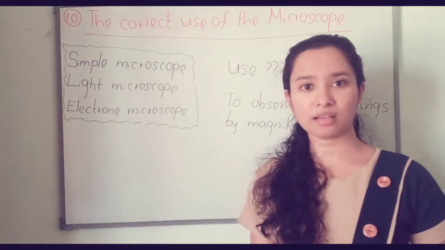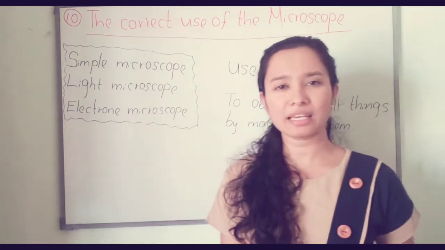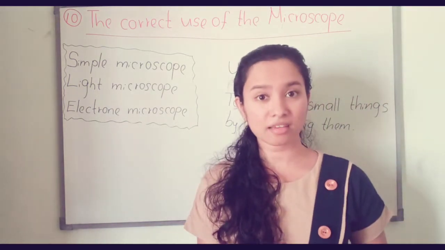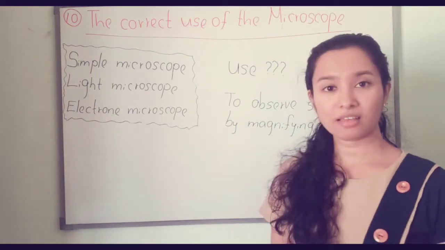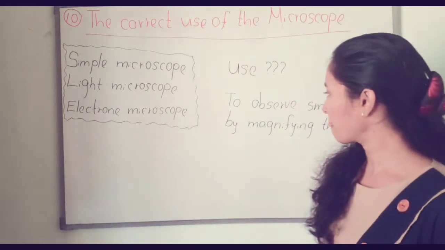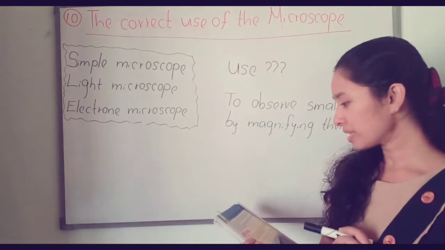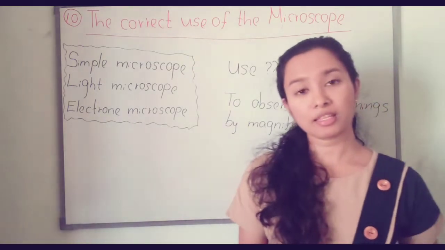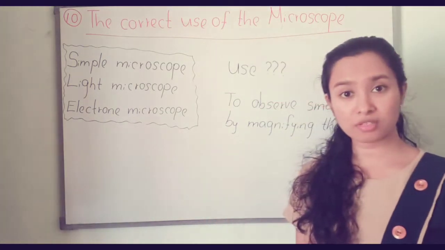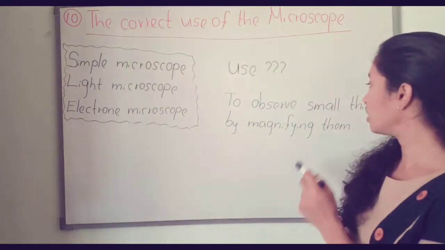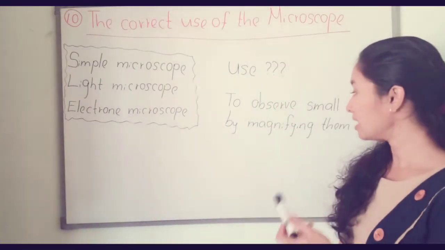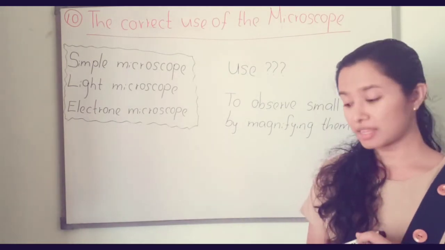There are some things we cannot see clearly with our naked eye. So, at that time, we are using microscopes. In ancient times, people produced so many instruments to observe small things by magnifying them.